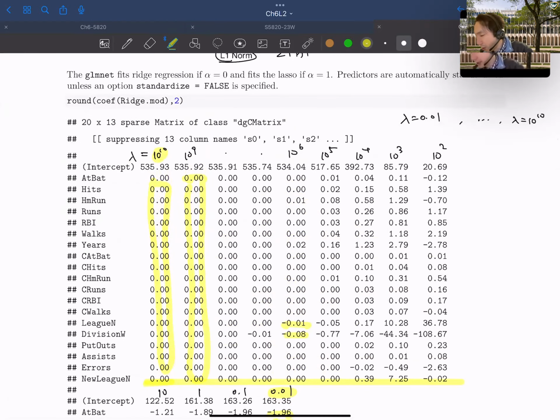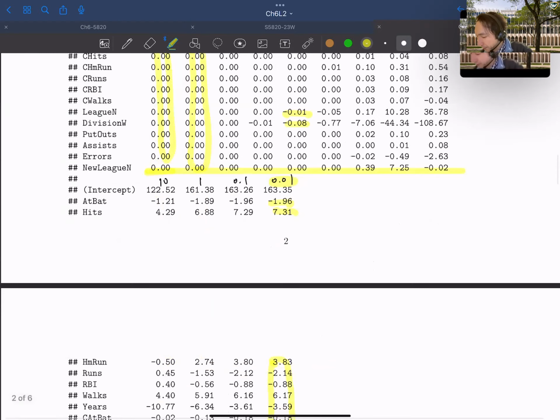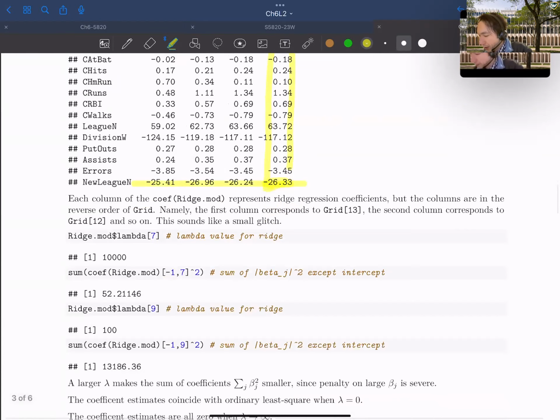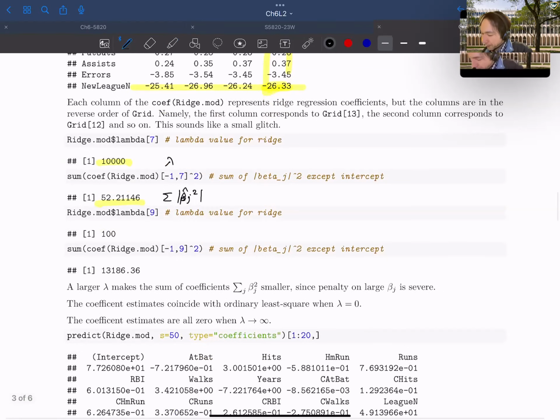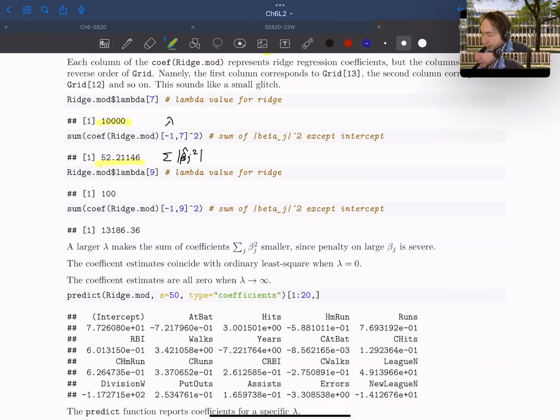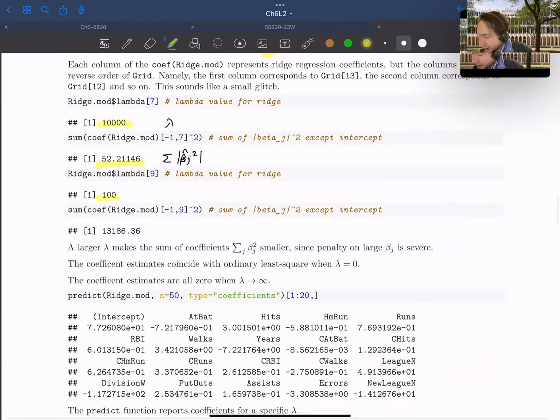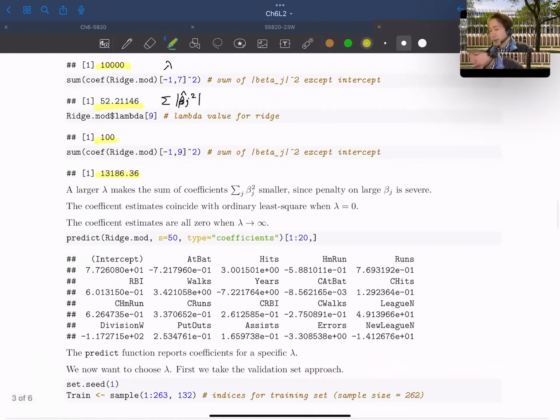I don't know, maybe the larger lambda is chosen first, or I don't know the exact algorithm, but it is reversed. Given the lambda value, we get this RS, the coefficient sum of squares, the summation of beta j hat squared. And when lambda is smaller, the sum of the beta j hat squared is larger.